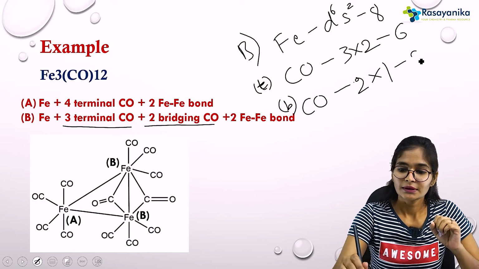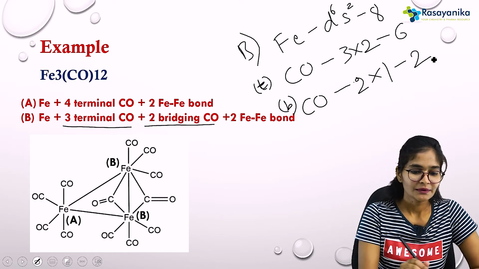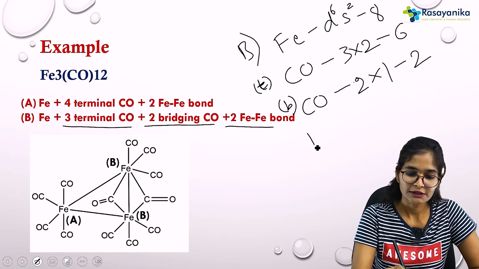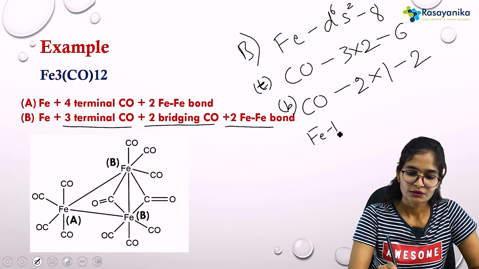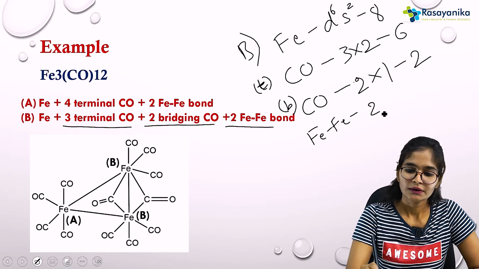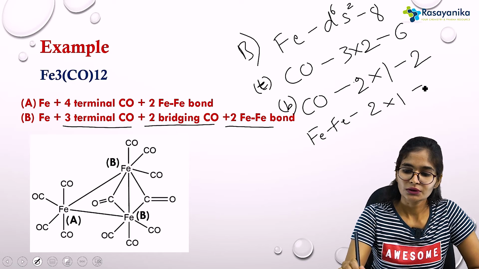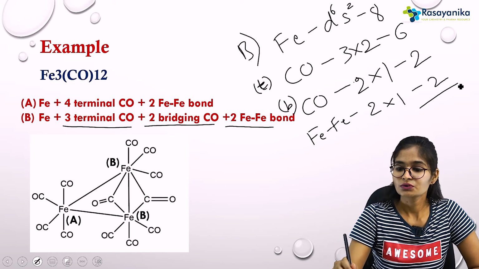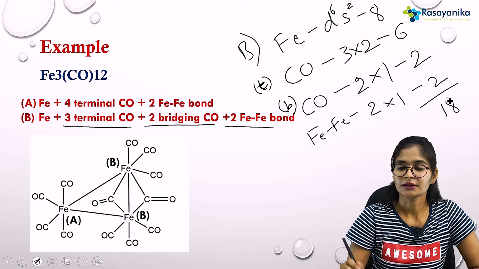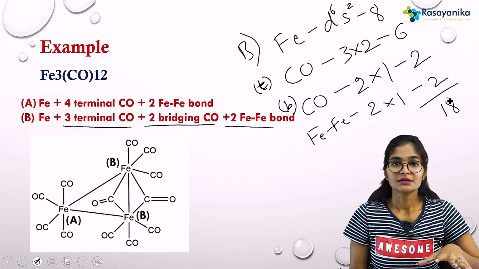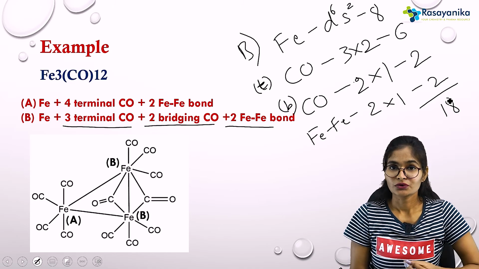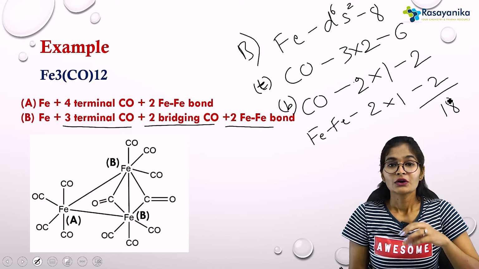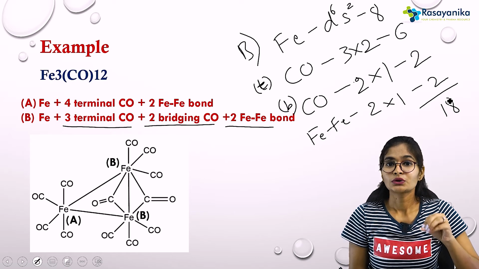So now it will be equal to 2. Apart from that, you have 2 Fe bonds. Let me mention that. So Fe bond will be 2, into 1, equal to 2. So if you calculate overall, 8 plus 6 plus 2 plus 2, it will be equal to again 18. So the overall structure is attaining the 18 electron rule, right? So overall the electron count is equal to 18 electrons.